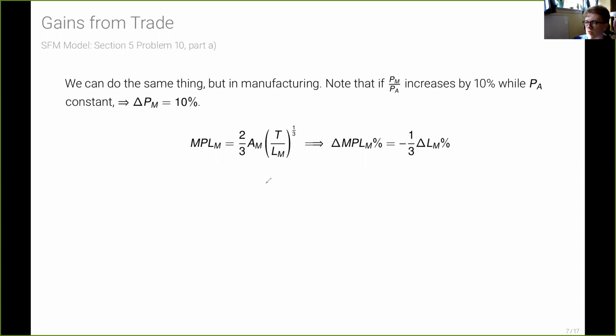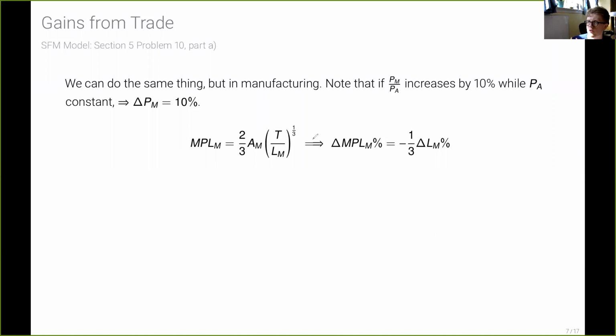Okay, and so now, using again these percentage change rules, we know that the percentage change in wages of workers in manufacturing is just going to be given by the percentage change in the price of manufactured goods plus the percentage change in MPLM. Okay, so now we know here that PM increases by 10%, so we can just have that out there.